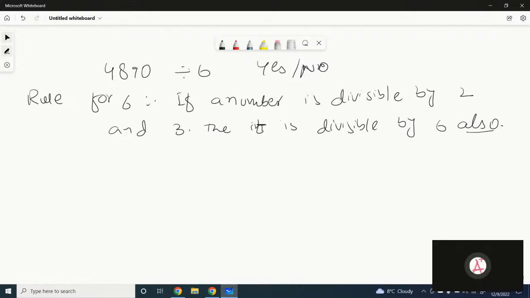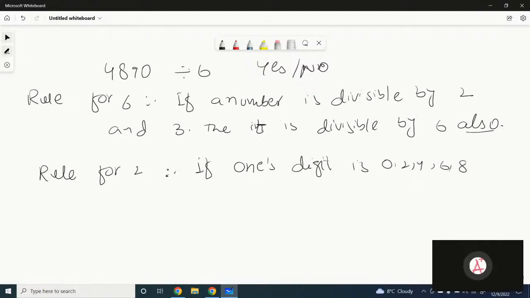So we know that the divisibility rule for 2 is: if the ones digit is 0, 2, 4, 6, or 8, the number is divisible by 2. That is the divisibility rule for 2. So you have a 0, that means yes, it is divisible by 2. Now you have to check if it is divisible by 3.